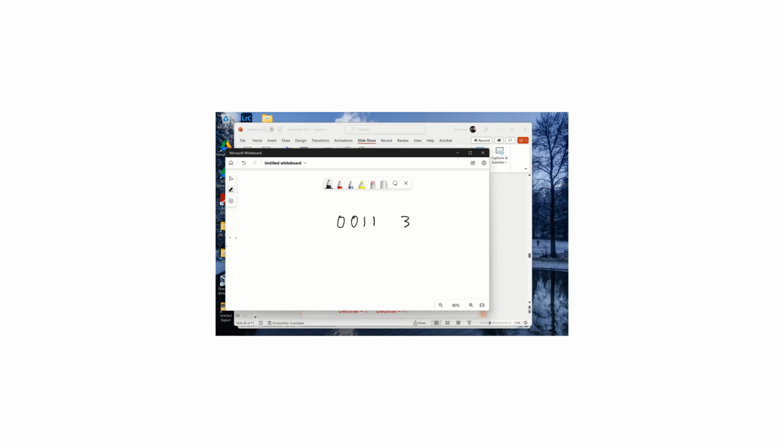How do you get negative 3? The so-called 2's complement is that you flip every single bit in this number, including the sign bit, and then add 1 to it. So to flip all the bits of this 3, you're going to have 1, 1, 0, 0. And then you add 1.